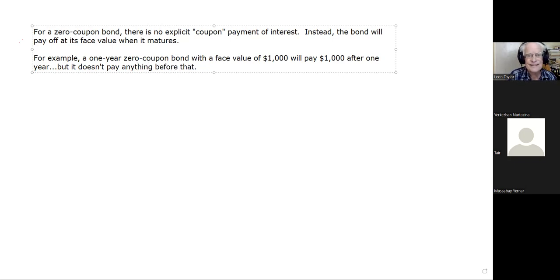Okay, so far. We are told that the zero coupon bond in this case has an implied interest rate of 100%.